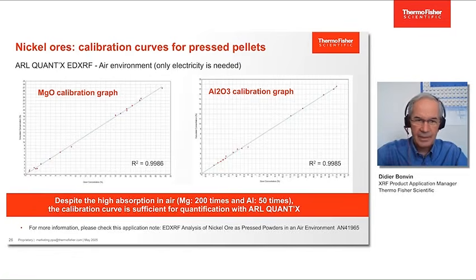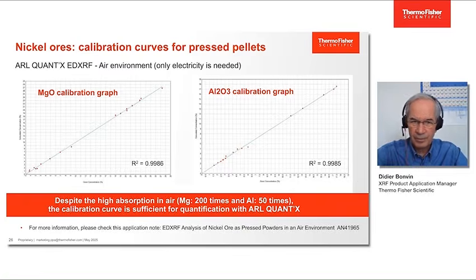That means the path that the X-rays have to travel through air is short, and we still get a good quantification. You can see here the magnesium curve where we measure magnesium by XRF, but we express on the graph the MgO, the magnesia. Same thing for alumina. We measure aluminum in the sample.